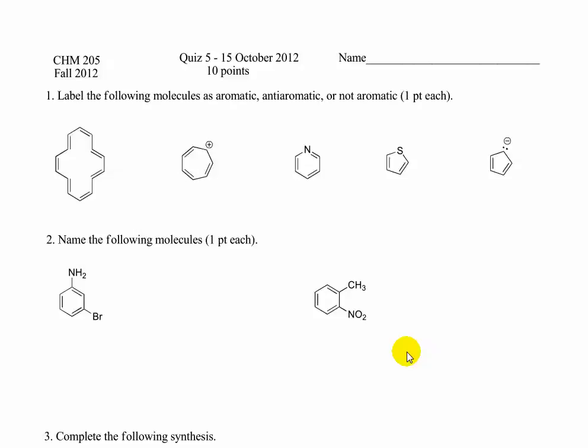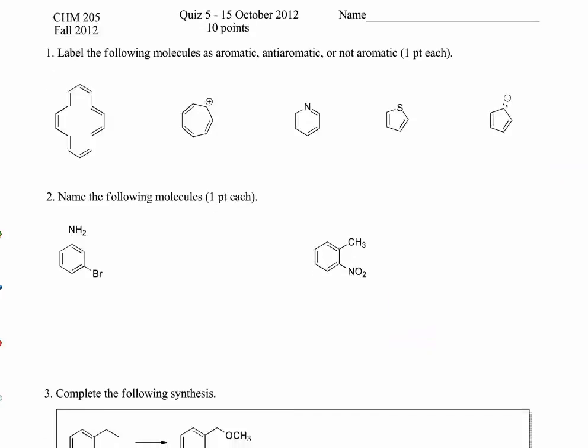So these first few were, I think, pretty straightforward, stuff we've done in class. In fact, they all are aromatic, with the possible exception of the first one. So these are aromatic.